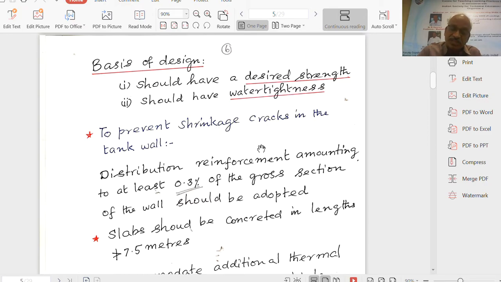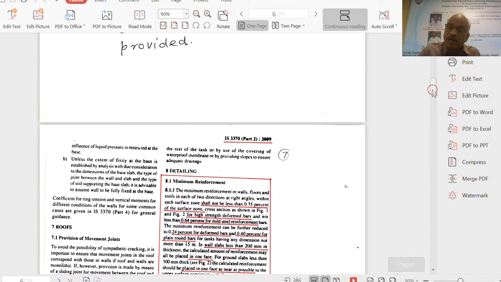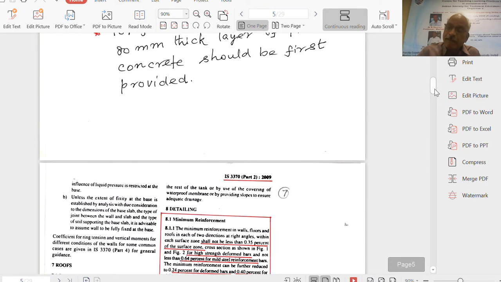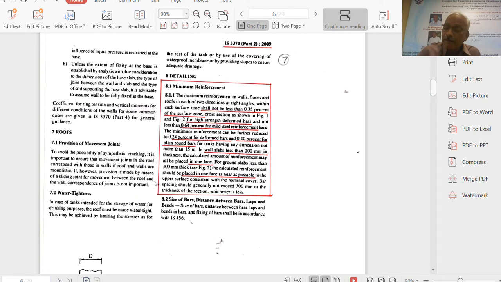Try to prevent the shrinkage cracks, and expansion joint, contraction joint. These are all given in IS 3370 part 1 and partly in part 2. So one has to become thorough with the provisions. Now, one more point here: these items are available in very small letters in the code book.